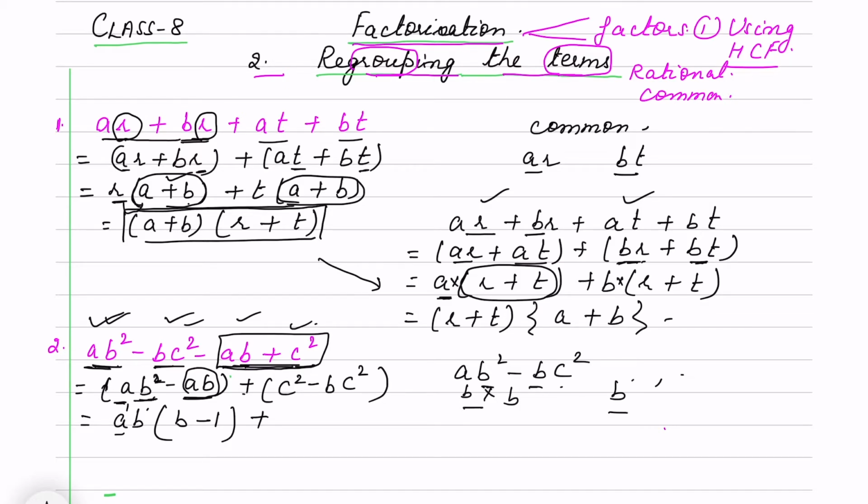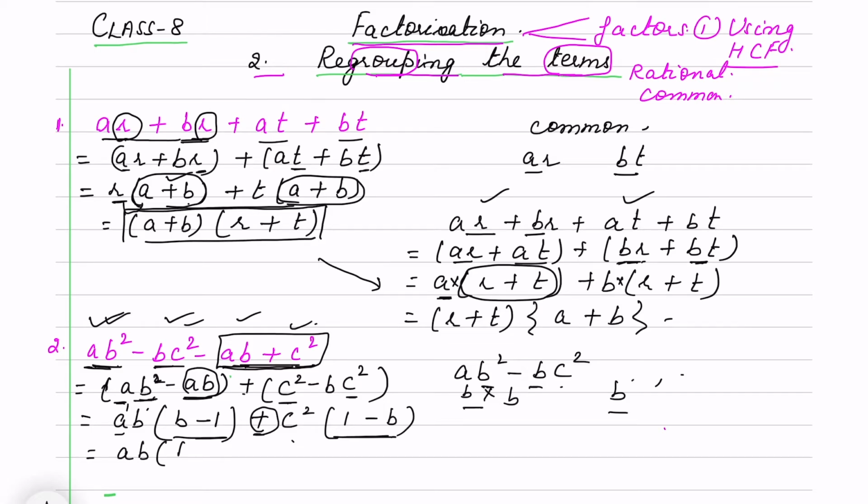Now let us see what will happen here. C square is taken. Now here 1 minus B. We see that it is B minus 1 here and 1 minus B there. So we will change the sign of plus C square. Why?